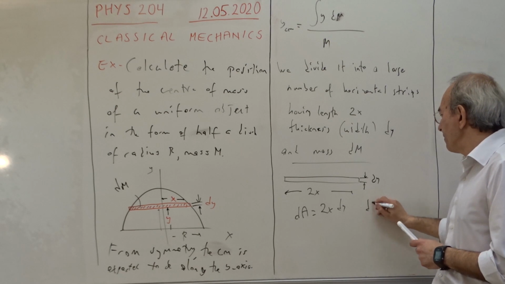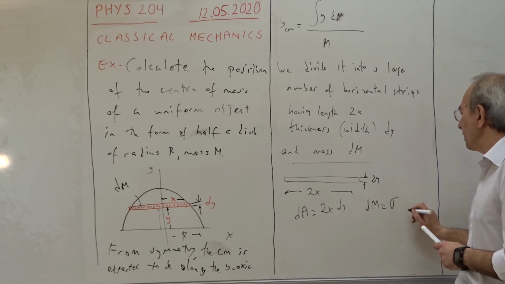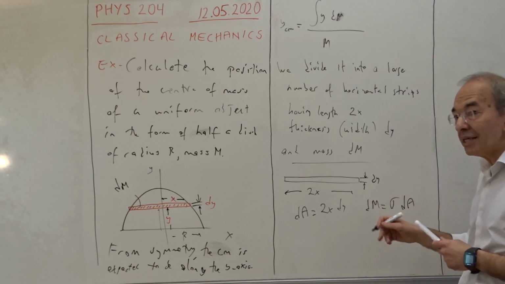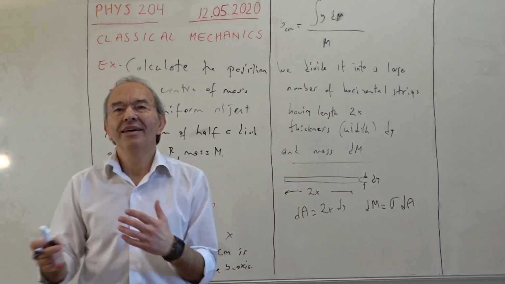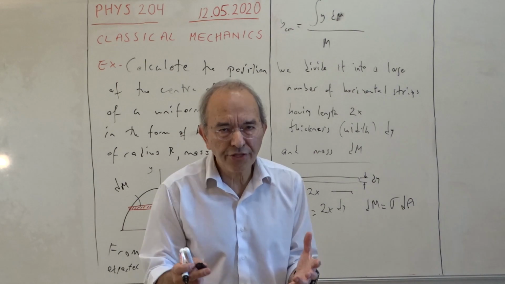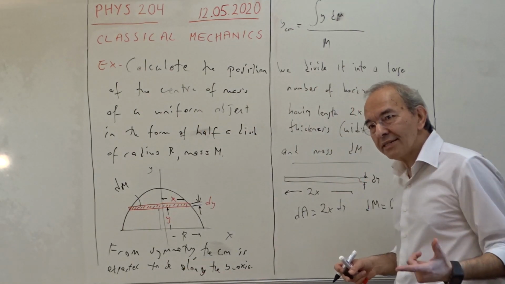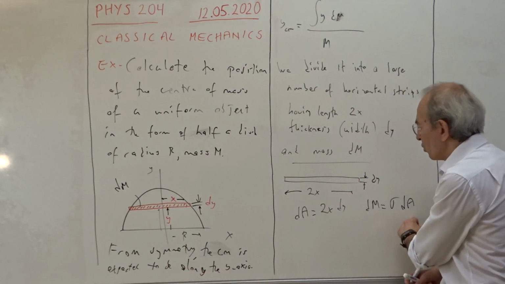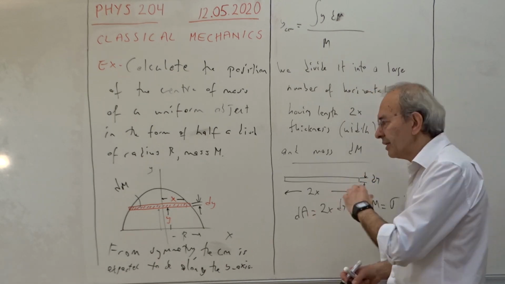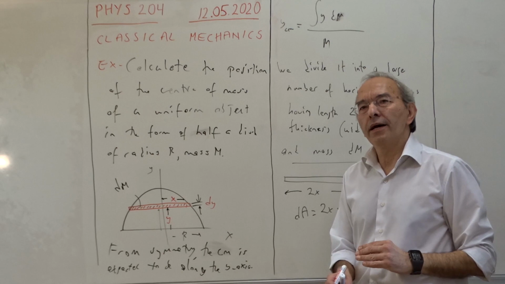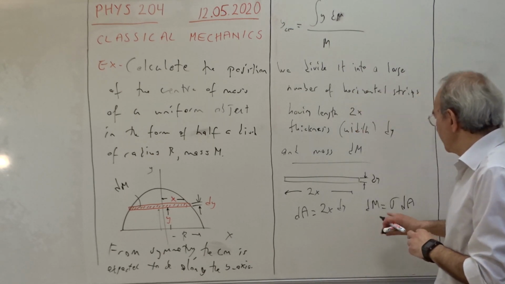And dm is simply sigma times dA, because surface charge and mass density are quite parallel things. So surface mass density sigma is simply dm over dA. So dm, the small mass contained within this horizontal strip, is sigma times dA.